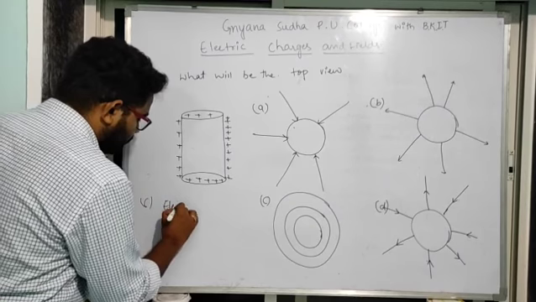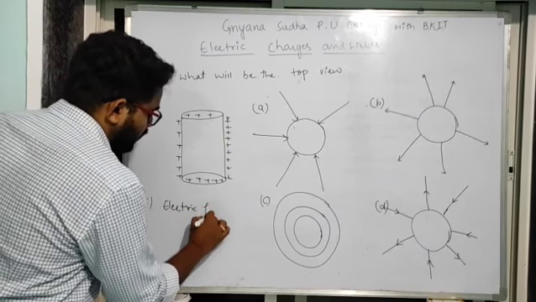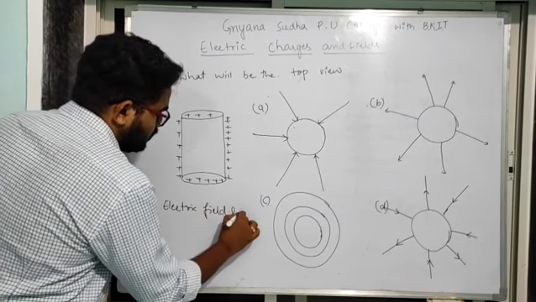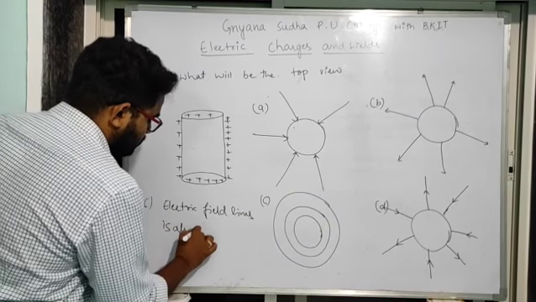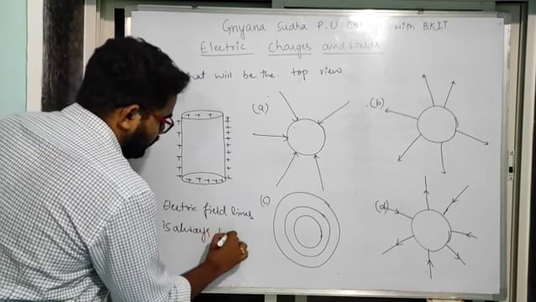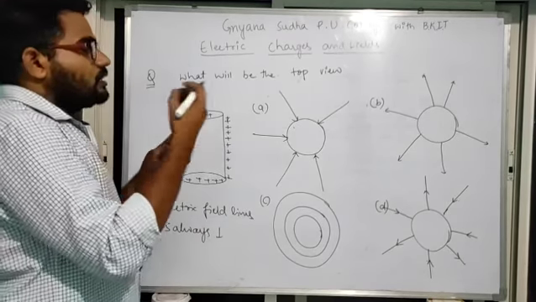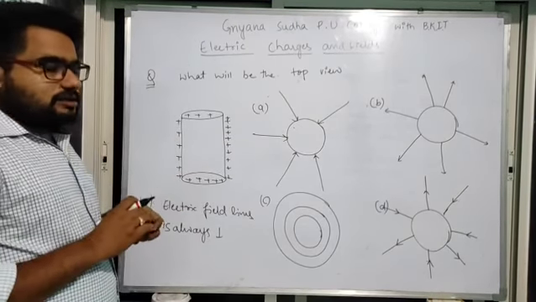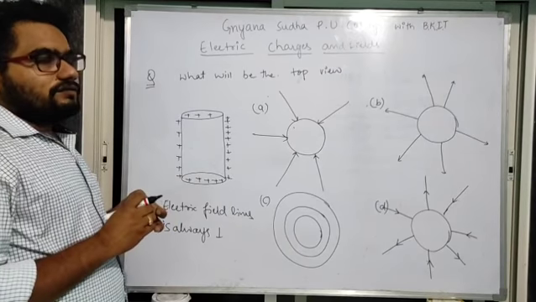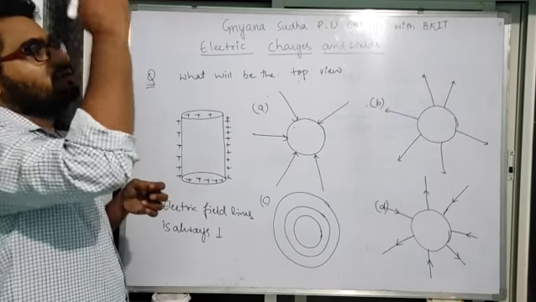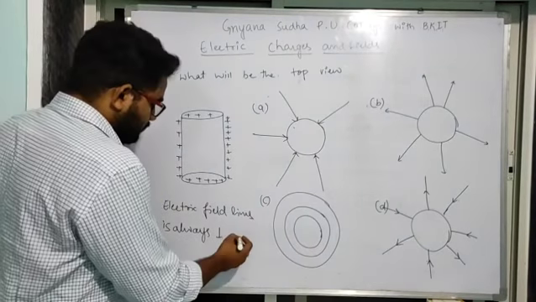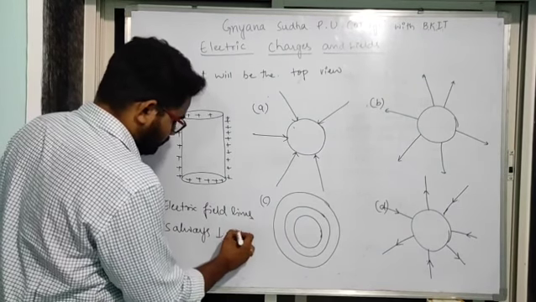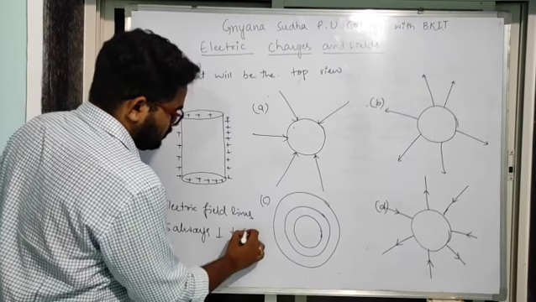Electric field lines are always perpendicular to the charge, means where the charge is, or on the surface there is charge, the electric field will be perpendicular to that.